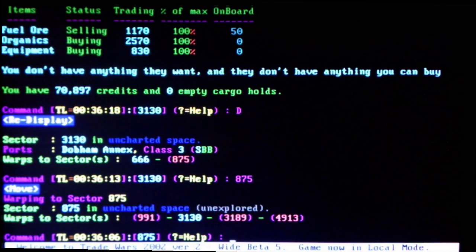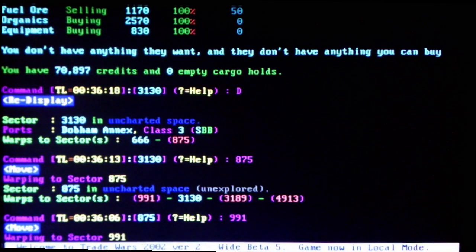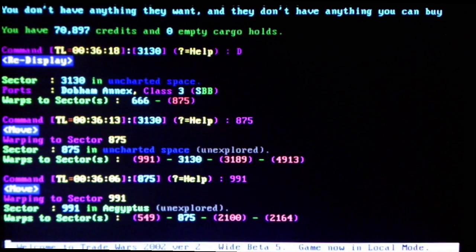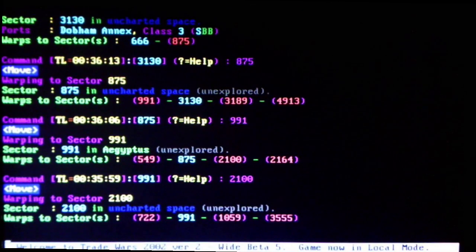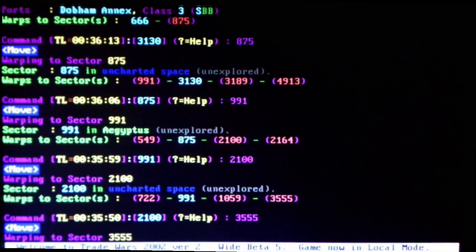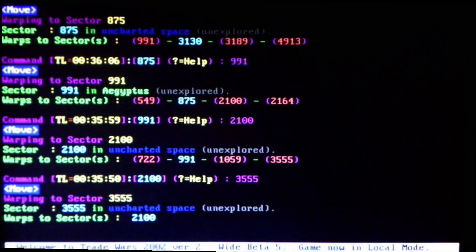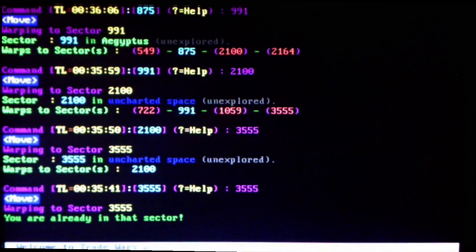Oh, now we're going to go to 991. Now we're going to go to 2100. 35, 55.